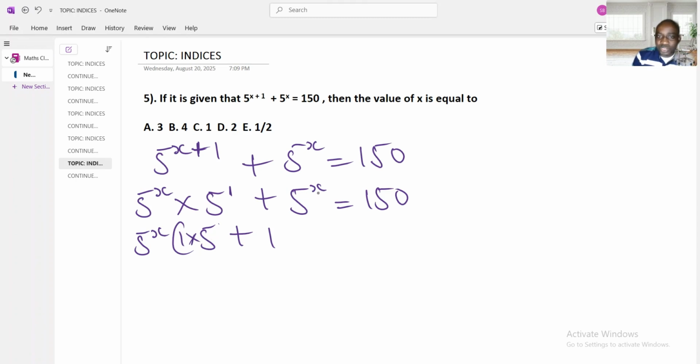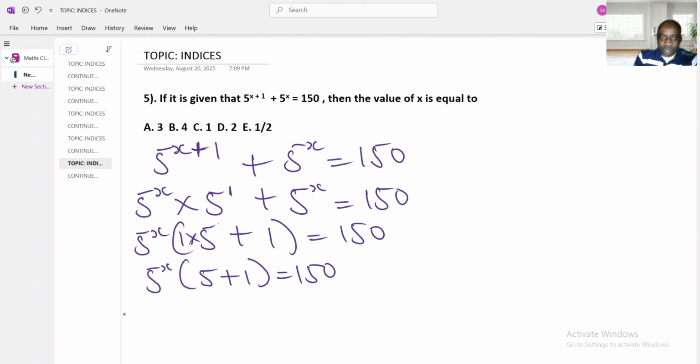This one plus this one too, what is the common factor? 5 raised to power x, because it's the common factor, equals 150. Therefore, 5 raised to power x, 5 plus 1 equals 150. Therefore, 5 plus 1 is going to give me 6.